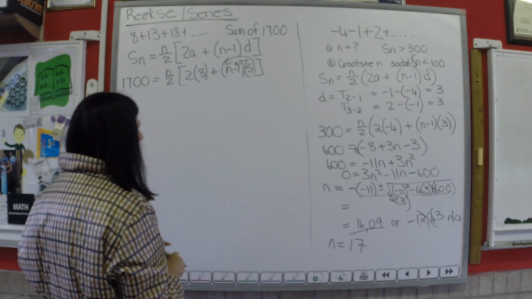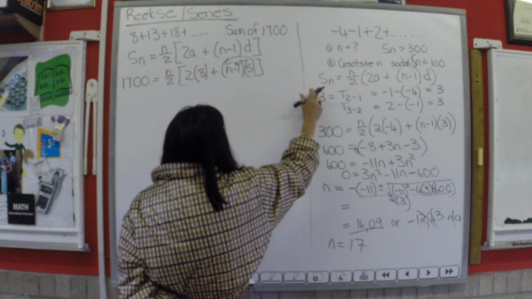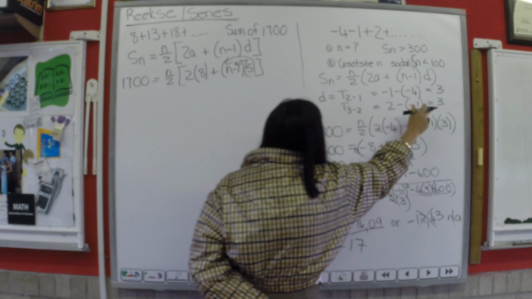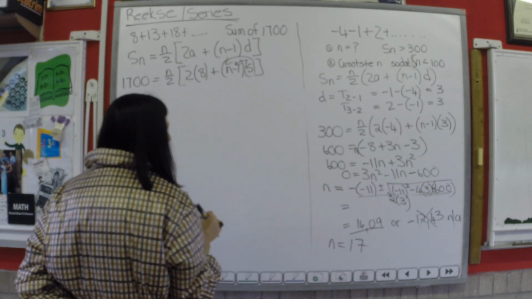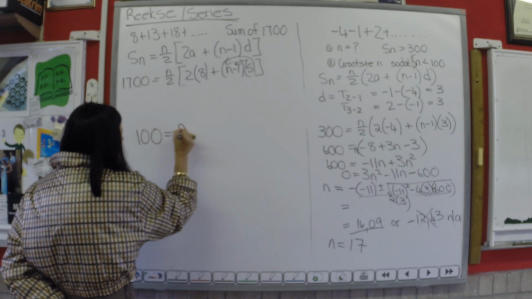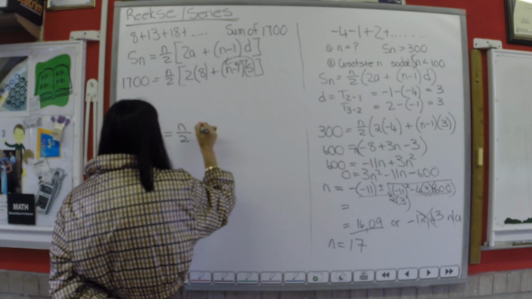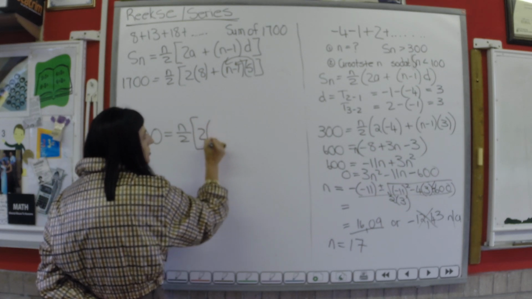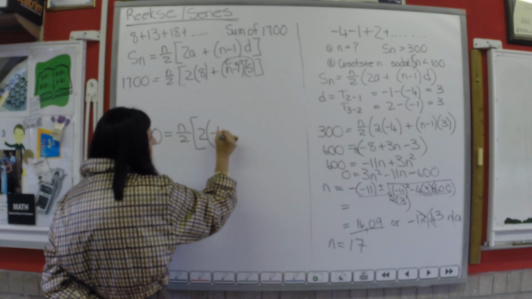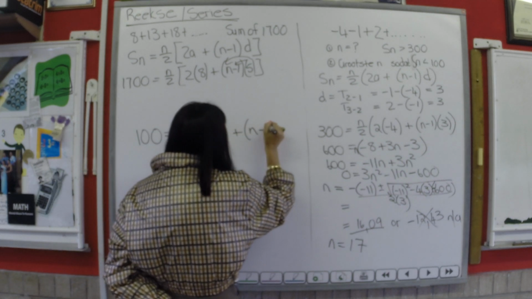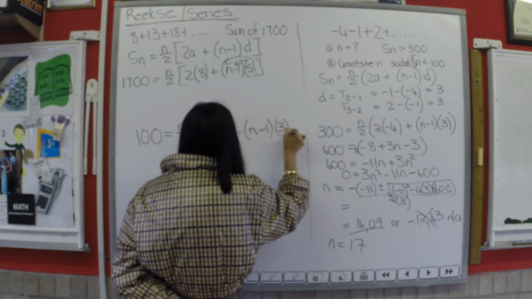So kom ons gaan nou presies dieselfde ding doen. We're going to pick this formula again. We've got this, the difference, so now we're going to make Sn equal to 100. The same thing. So we're going to simply substitute 2a plus n minus 1 d.